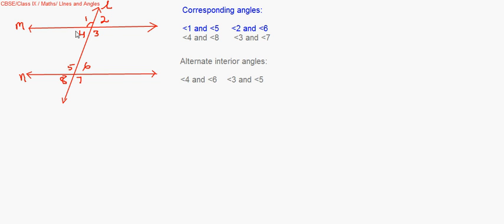These 4 and 6, 3 and 5, they are the alternate interiors. There will also be alternate exterior angles. They will be 1 and 6.